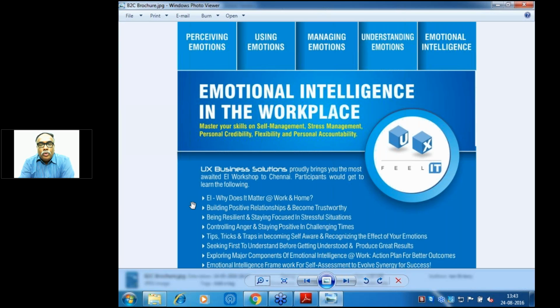Now, if you want to handle two bosses as an employee, you have to handle a professional relationship with two people at the same time. For example, manager number 1 could be a technical subject matter expert, and manager number 2 could be a person who is administrative, HR oriented, appraisal oriented, location oriented, while the other person is the subject matter expert.